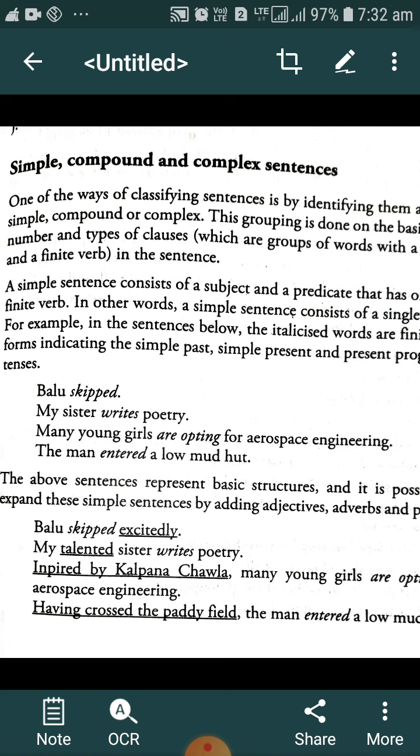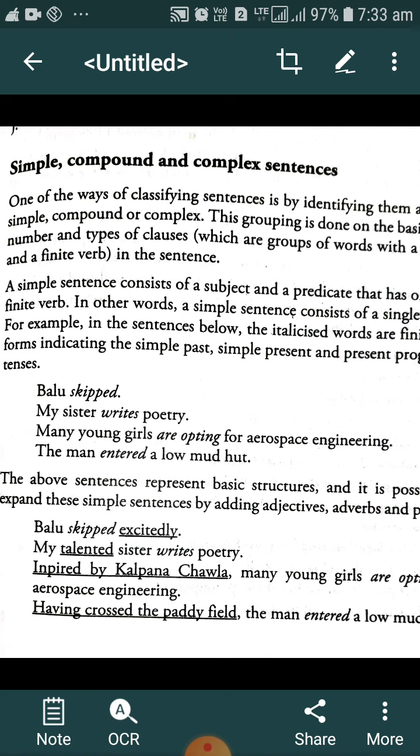Then, my sister writes poetry. My sister is singular, that's why writes has the suffix s. If sisters were plural, then we would have to omit the suffix s in simple present tense. We have learned all that while discussing tenses.